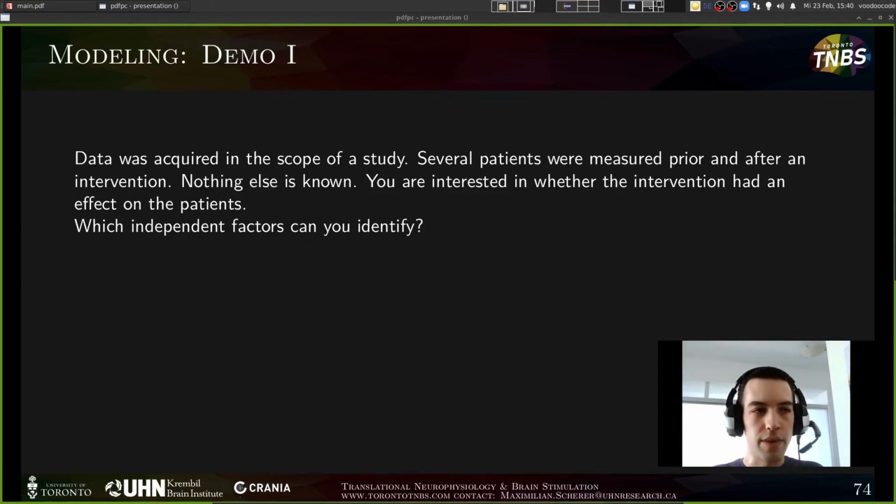We know nothing else, which is kind of convenient, which means there's not really much we have to include in our model. And we are interested in whether the intervention had an effect on the patients or not. And as I said, I'm just going to wait for like 15, 20 seconds, and then I'm going to reveal the factors in there.